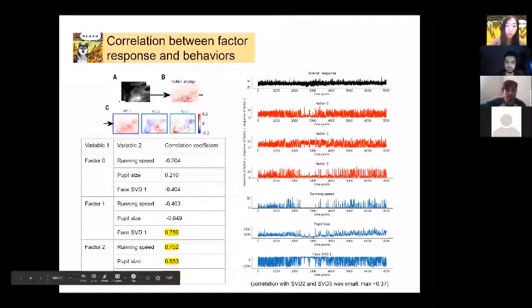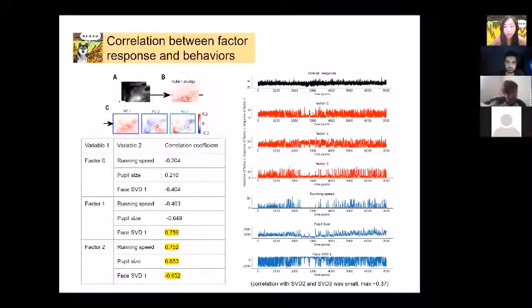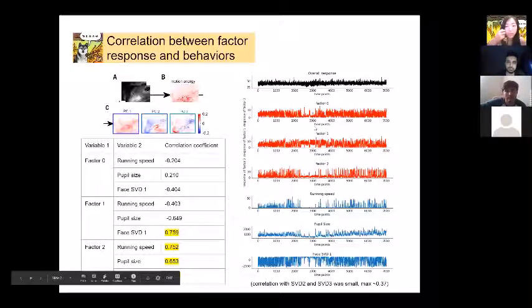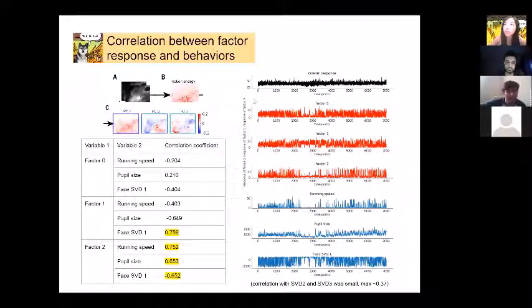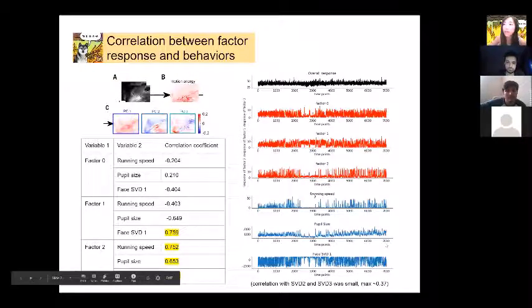Okay, so we want to consider each factor as a subset of neurons and visualize the response of these groups. Here I plot the temporal trace of the entire population by averaging the neural response. You can see it's pretty random. If you plot the temporal trace for each factor, you see some kind of pattern in there. Similarly, if you plot the behavior data, here I use 3 features.